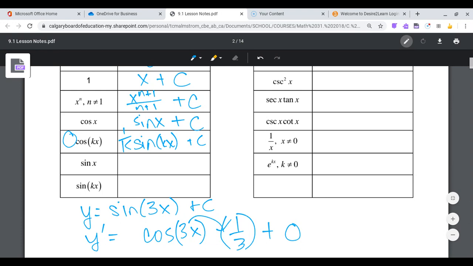Okay, moving along. Sine. So who would have a derivative of sine? Is it cos? Does cos have the derivative of sine? Almost. Cos has the derivative of negative sine. So the antiderivative to get sine would be negative cos plus c. Similarly here, we would have to have negative 1 on k cos kx plus c, so similar to two lines back.